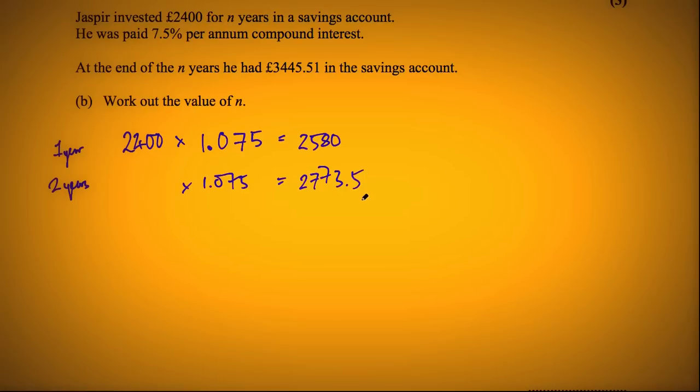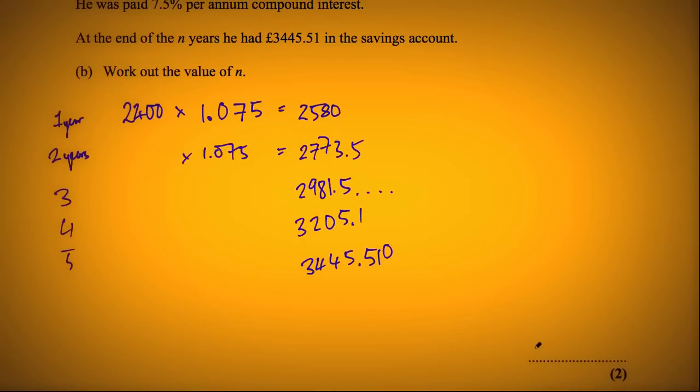And I can keep on going like that. 1.075, 3 years, 2981.5, 4 years, 3205.1, getting a bit closer. 5 years, 3445.510. So that's it after 5 years. N equals 5, it's after 5 years.